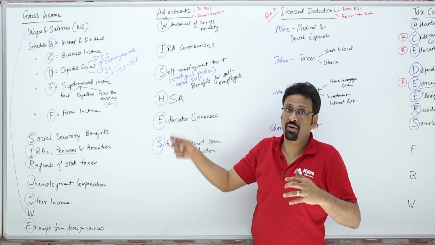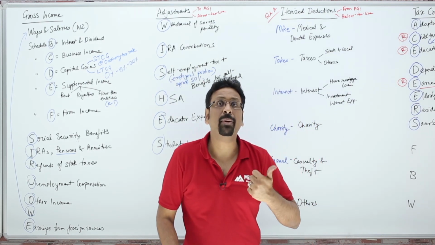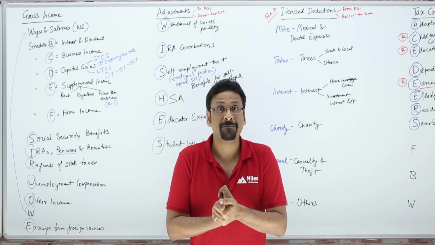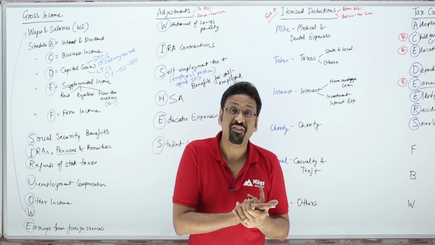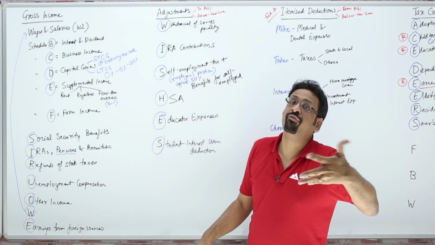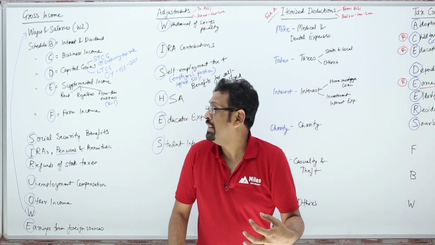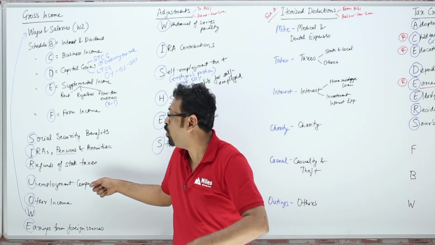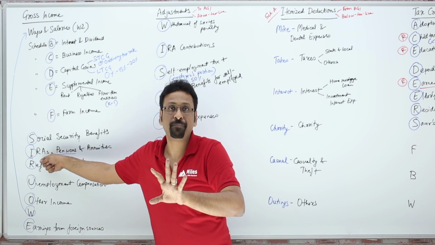Now, this deduction for IRAs was available only for the traditional deductible IRA. For Roth IRA, we discussed there's going to be no deduction. And the good news about Roth IRA, of course, was when you get the benefits, the distributions after retirement, even those are not going to be taxable.